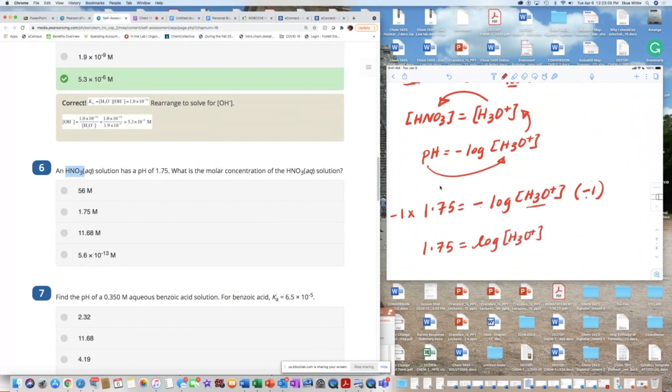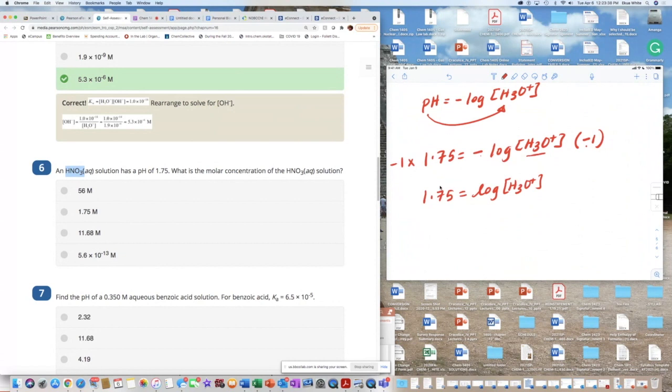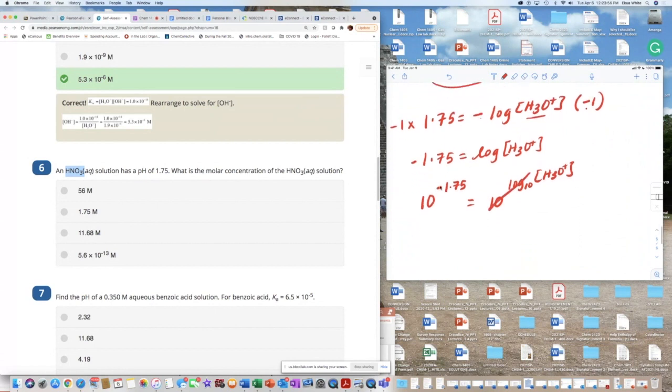We have to do the inverse log. Inverse log is taking 10 to the power negative 1.75, taking 10 to the power log base 10 of H3O+, and essentially this cancels out into 1. So this becomes H3O+ mathematically.